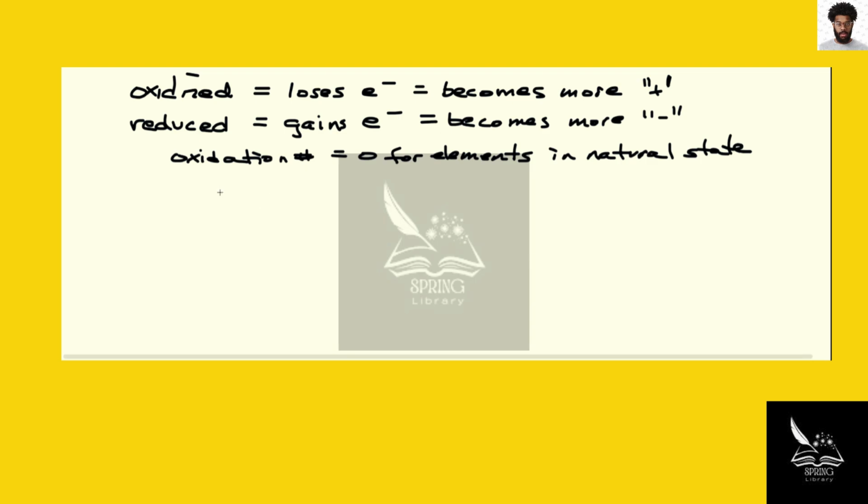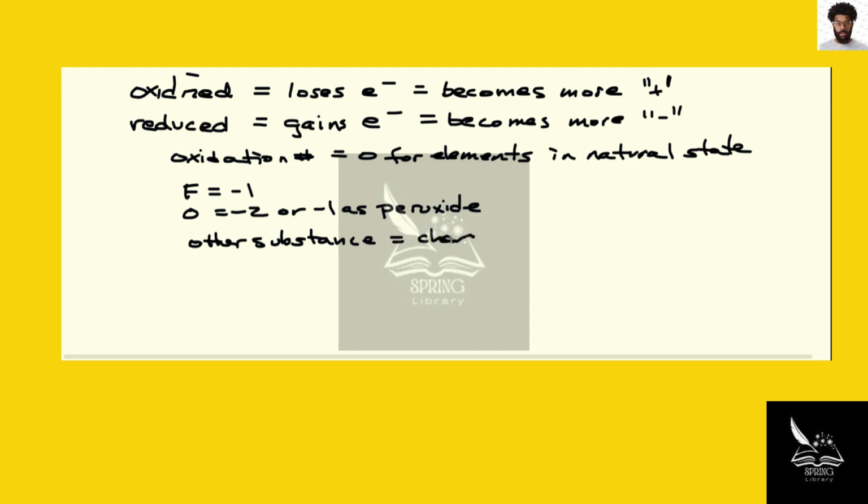And then also for some substances, you should know that fluorine is -1, oxygen is -2, or -1 as peroxide. And then other substances normally equal their charge. So let's take a look at some examples.